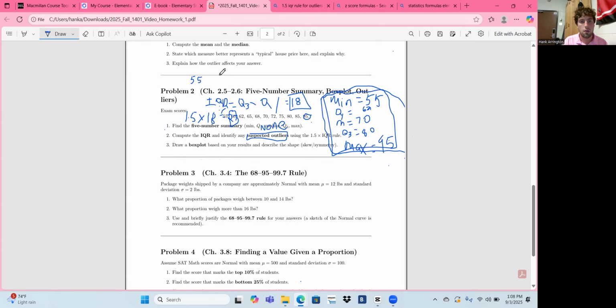Then we'll have our Q1 value, which is 62. And we'll have our median value, which is 70. Q3 value, which is 80. And then our maximum, which is 95.